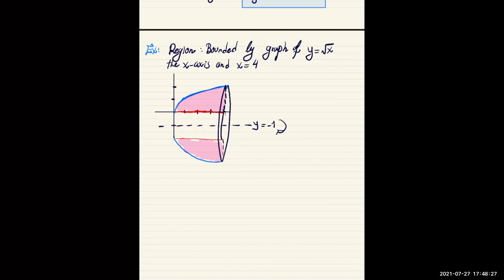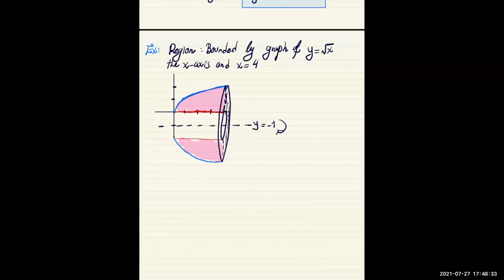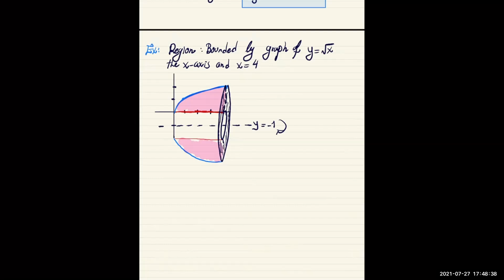Here's that hole. And look at that, guys. This is not a disk anymore because of the hole. This is called a washer. The cross section is a washer.